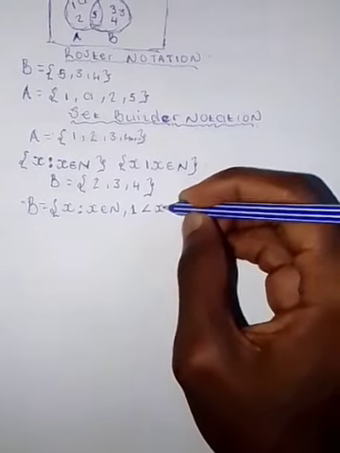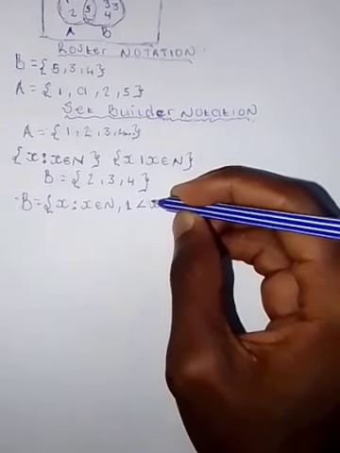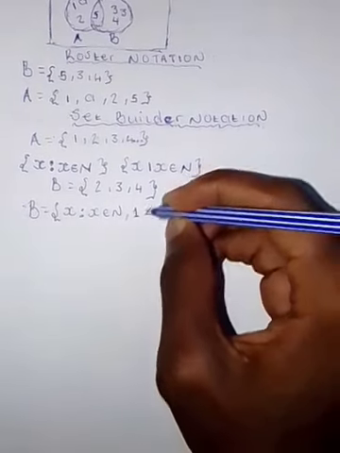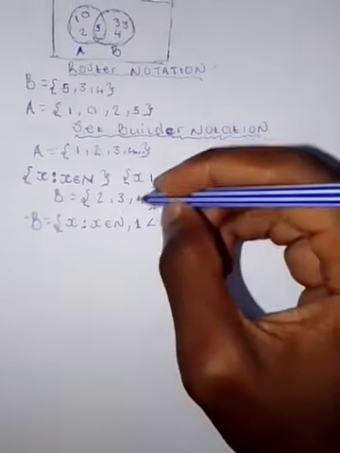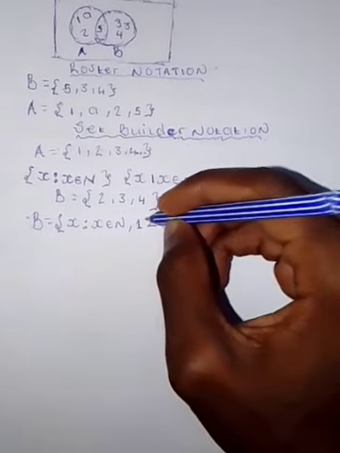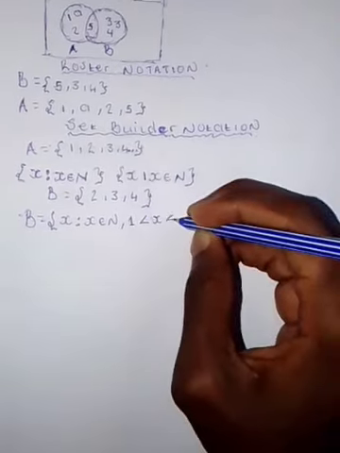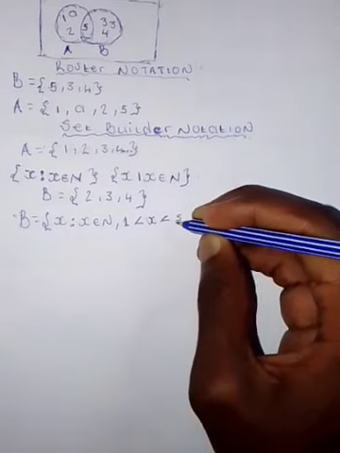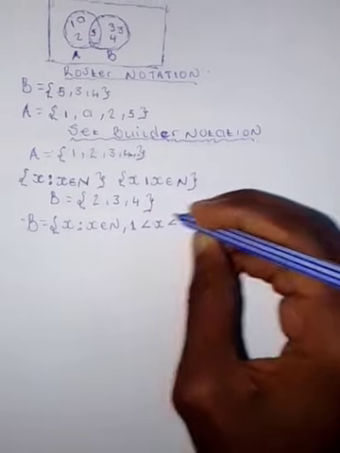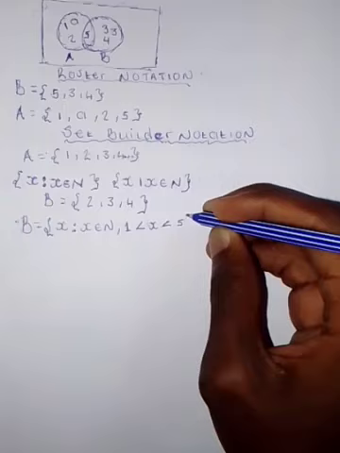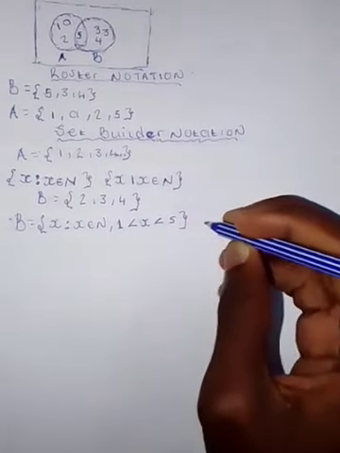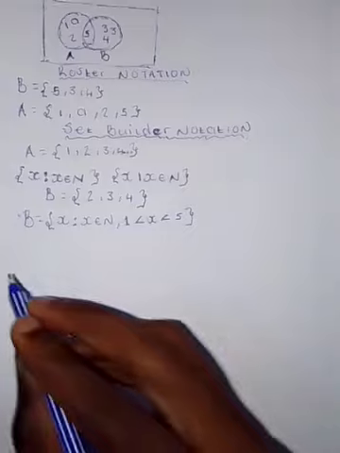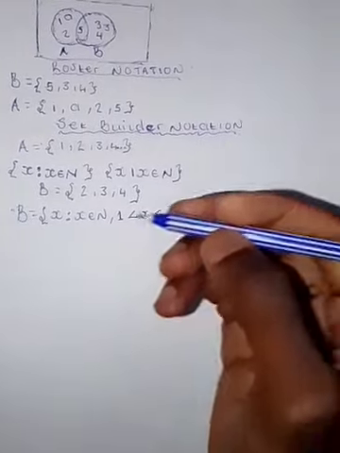This x, small letter x, is representing the value of the element or the member of the set. So each element is between 1 and 5. You close it with another curly bracket. Okay, so this is how they are represented.